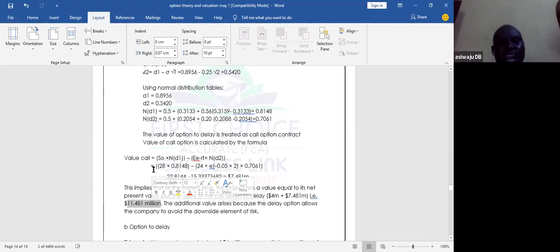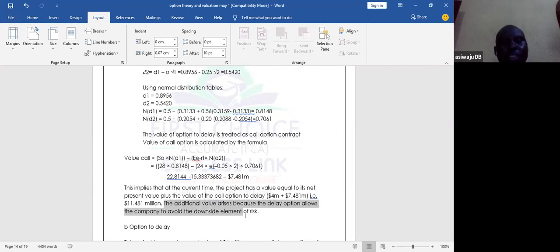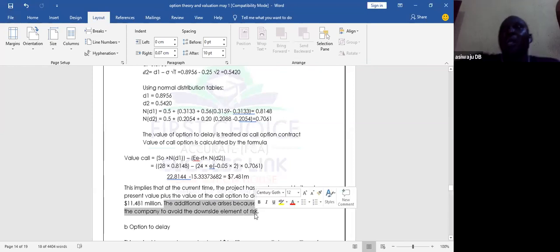Look at the final comment. The additional value arises because the option to delay allows the company to avoid the downside element of risk. What are the risks? It is assumed that Ikorodu is still more of bush, where there is no transport system. That means if you commence the project now, the company will incur more cost.